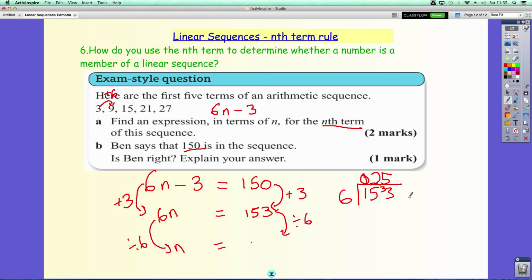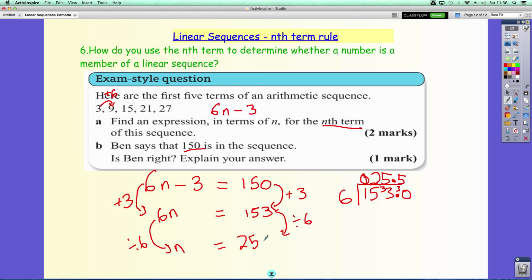So I can leave it as a remainder of 3, or I can write it as a fraction or decimal by placing my decimal point in, carrying the 3 over. 6 into 30 is 5. So it's 25.5.